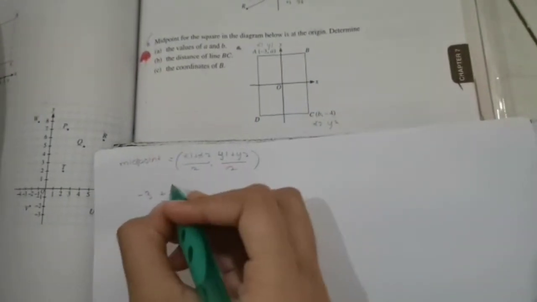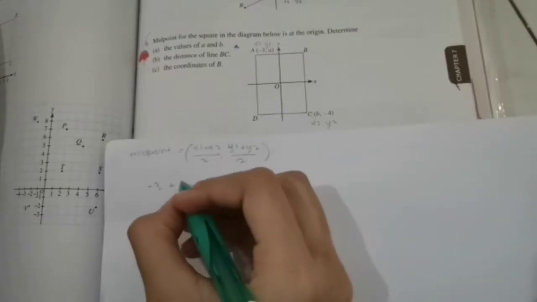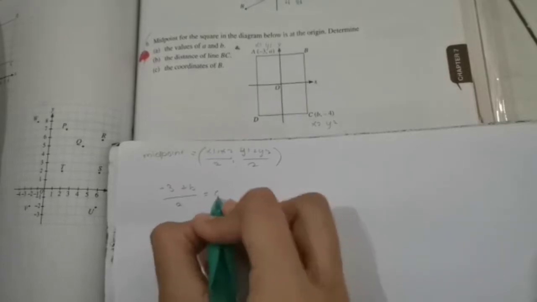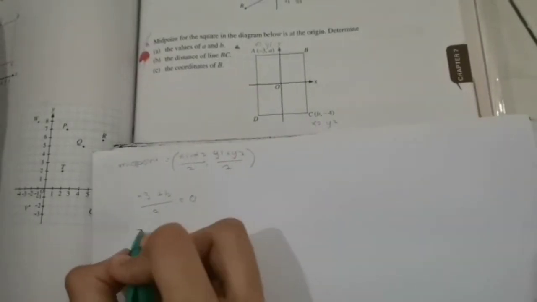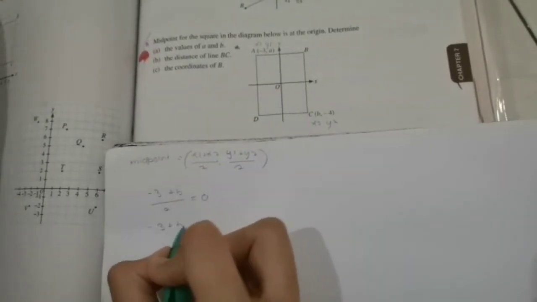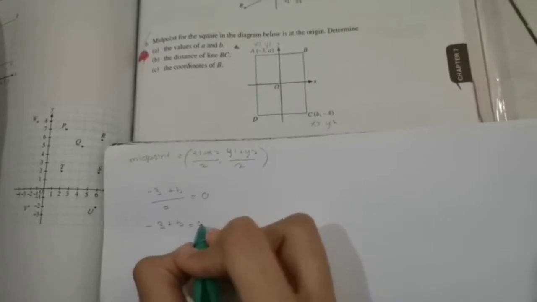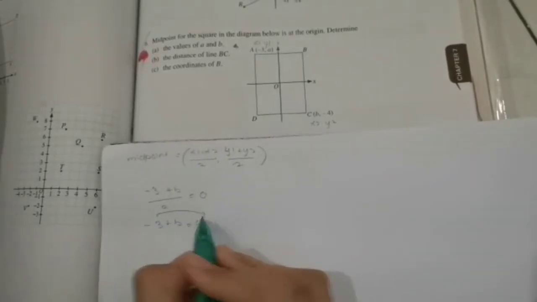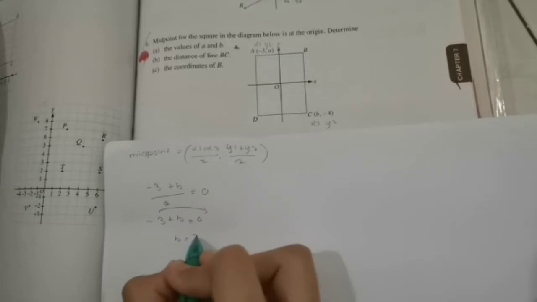Negative 3 plus x2, which is B, equals 0. So negative 3 plus B equals 0. So B is 3.